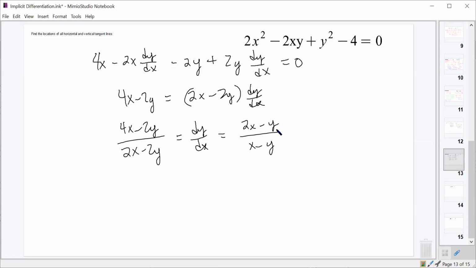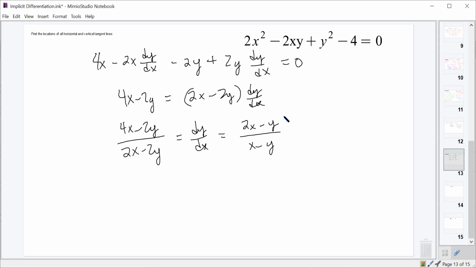Everybody okay with that? All right, so good. What's different about this one? When I look for the horizontal and the vertical tangent lines, there are x's and y's in both the numerator and denominator.